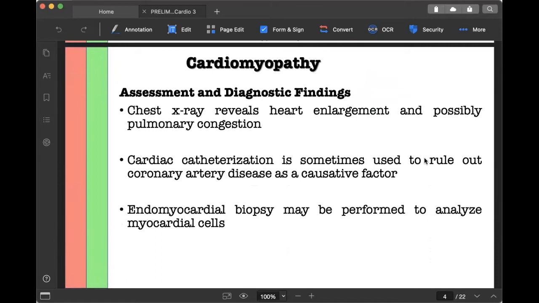Cardiac catheterization is sometimes used to rule out coronary artery disease as the causative factor. And for the endomyocardial biopsy, you already know the meaning of biopsy, right? They get a sample, and it will be sent to the laboratory for analysis.